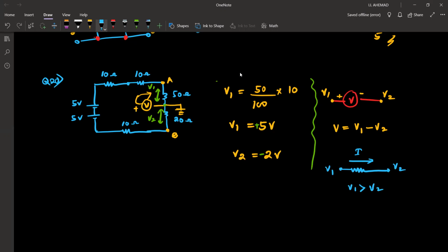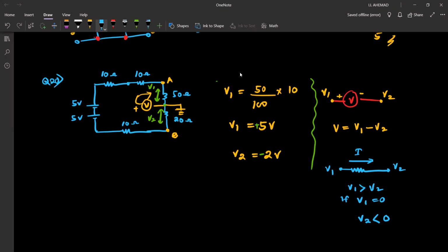Okay. If V1 is equal to 0, that means V2 will be less than 0. Okay, so it's not a problem. Potentials can be negative. Is everyone clear?